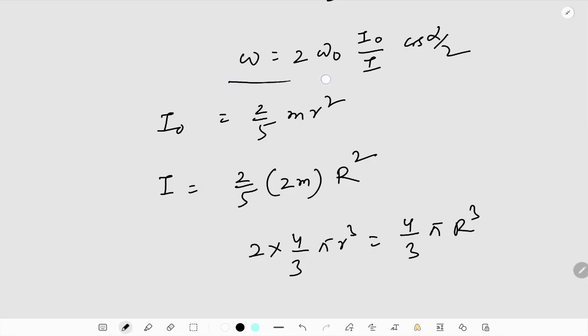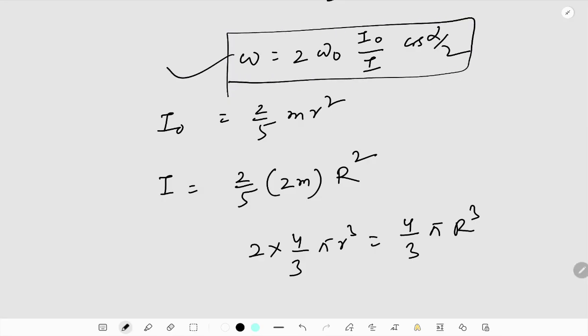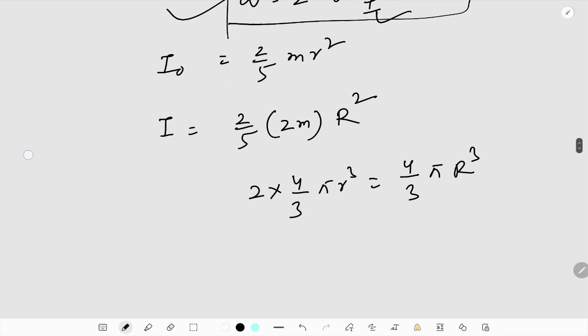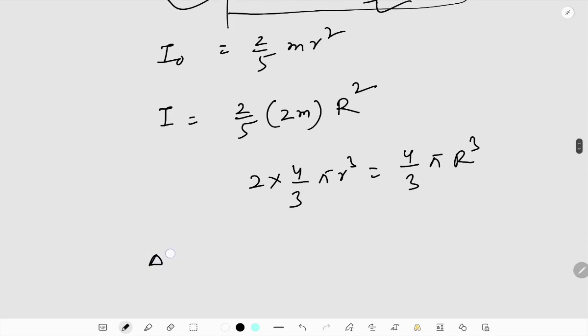You have got everything, the value of omega from here. By just putting the values of I, you can get it. For the change in kinetic energy, you can write final kinetic energy, that is half I omega square, minus initial kinetic energy.